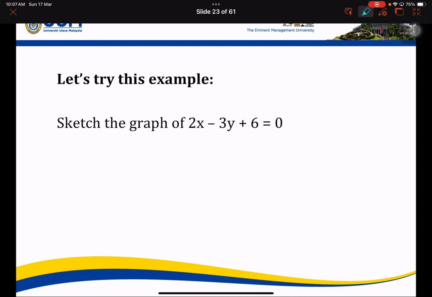What is your y-intercept? Oh, 6. Guys, what is y-intercept?